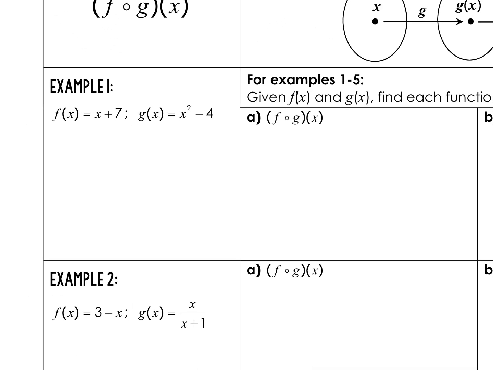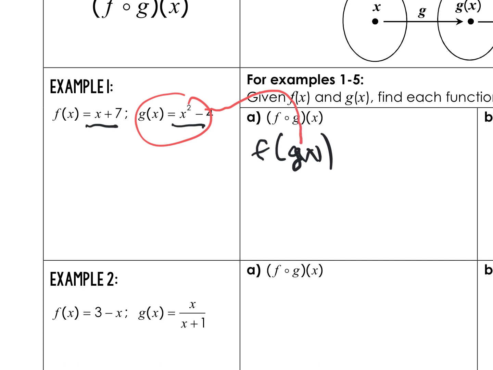We've got f is x plus 7, g is x squared minus 4. I write this as f of g of x. That way I know all of g will be substituted right inside the f wherever there's an x there.